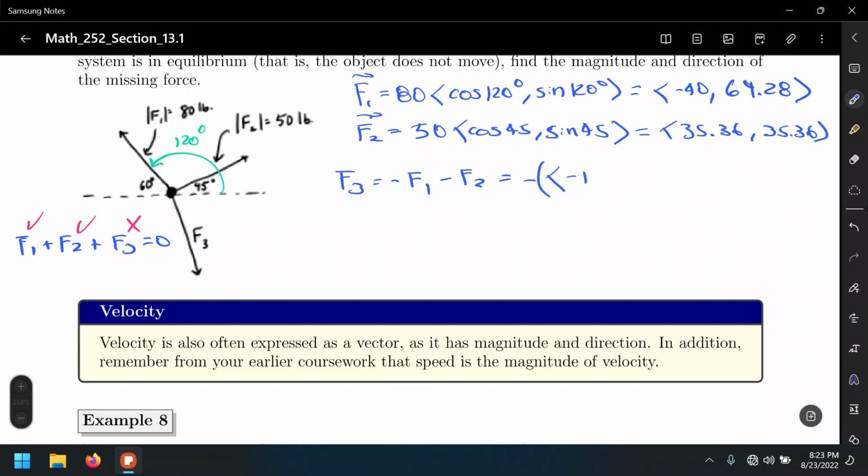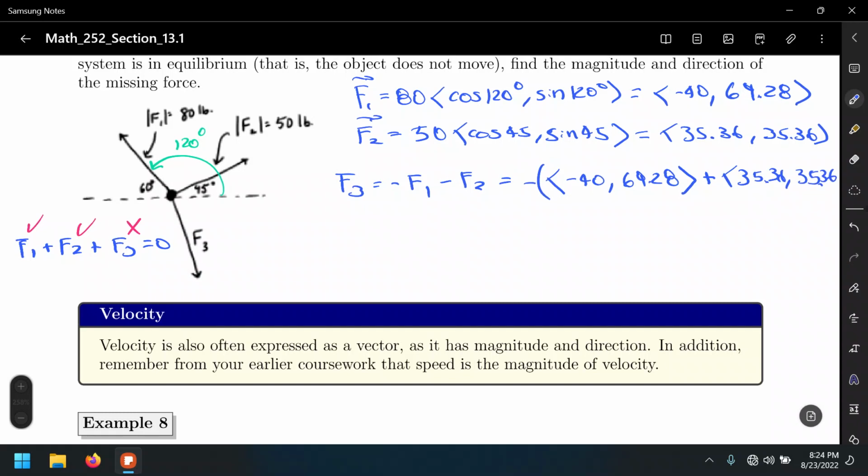So F1, which is negative 69.28, plus 36.36. Okay, and F3 will be negative whatever we get from combining those two vectors.